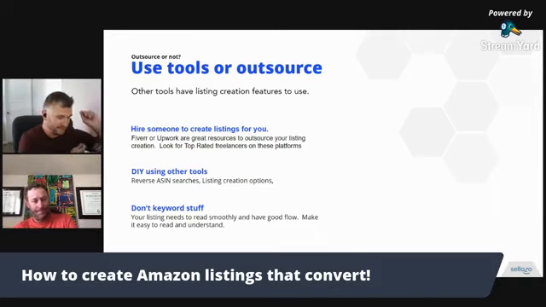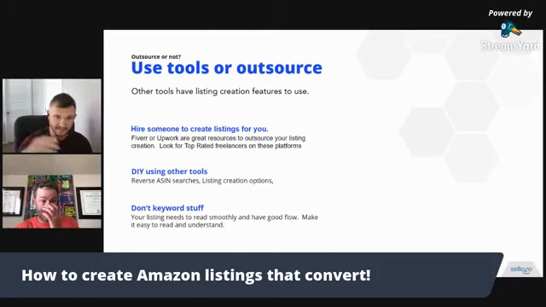Yeah, I talked to a seller this morning, and I brought up this analogy: look at your listing like your house or your car or your office space. This needs to be immaculate. You want to make sure it's spotless, and what I mean by that is you want to make sure everything is lined up right. You've got the right number of photos, your title sounds good, bullet points are spot on. You've got the A+ content stuff we're going to talk about in a minute.